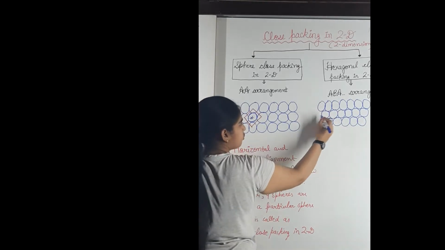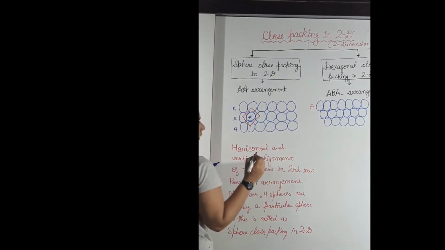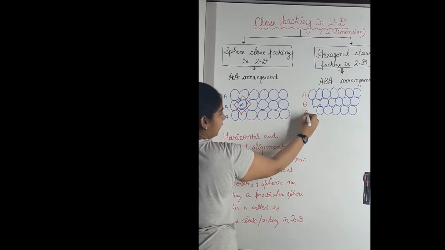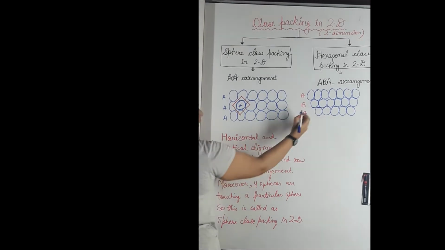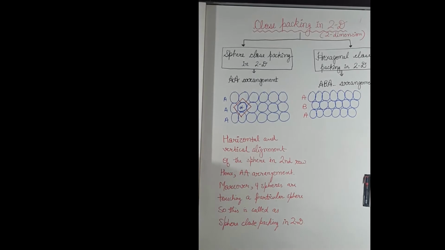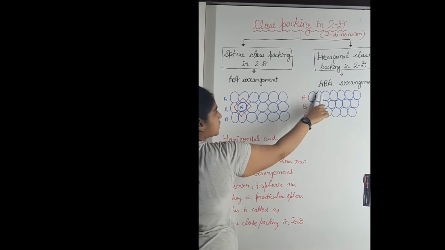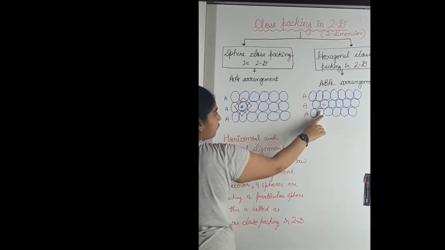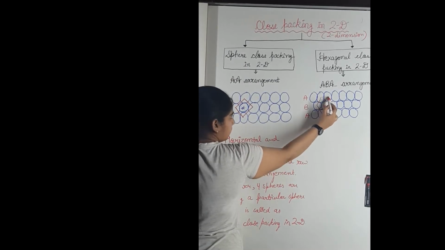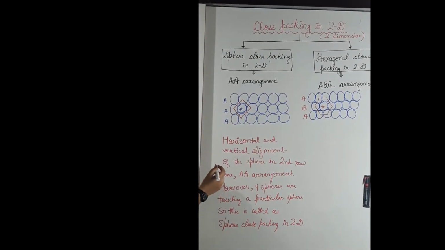This is the first row, second row and third row. Here, if this is considered as A arrangement, then this is B, and this is exactly similar to the A. So, here is an AB type of arrangement. And also, a particular constituent particle is touched by 6 spheres. 1, 2, 3, 4, 5 and 6. So it is called hexagonal close packing in 2 dimensions.